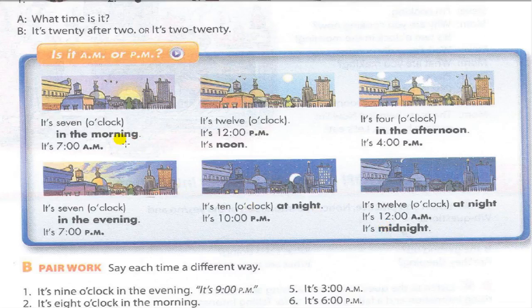So in the morning, a.m. 12 o'clock at midnight, a.m. Noon, 12 o'clock exactly at noon, p.m. Afternoon, p.m. In the evening, p.m. At night until 11:59 p.m.